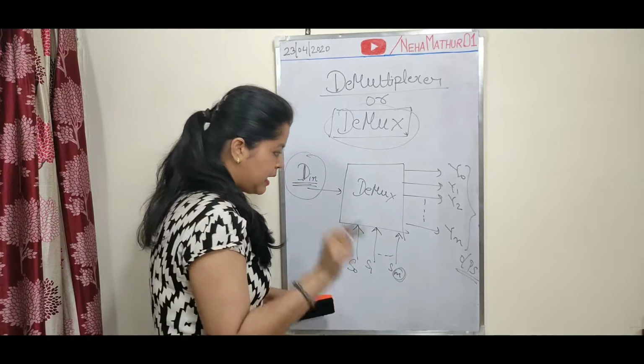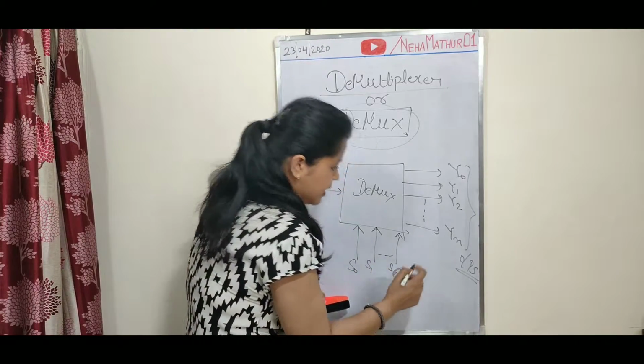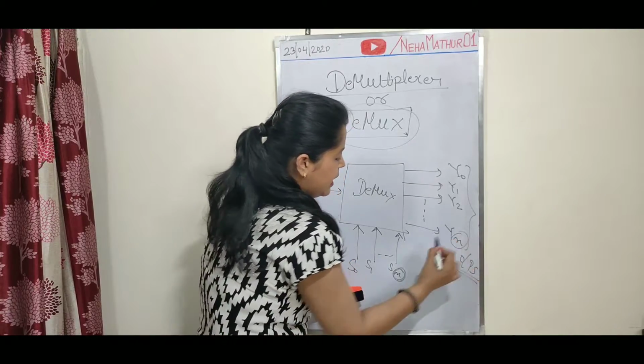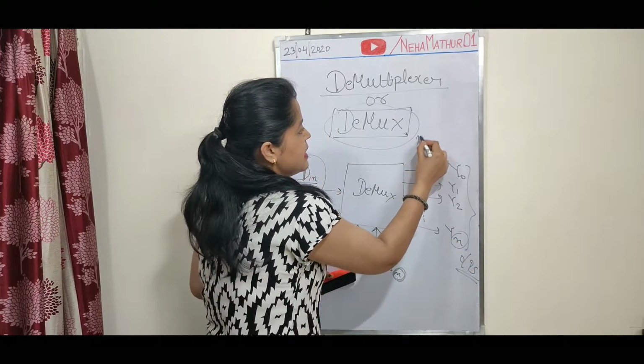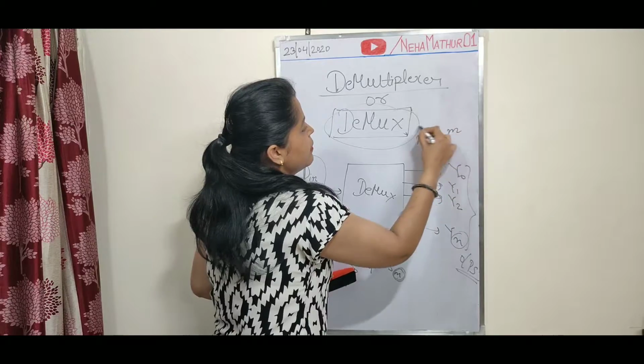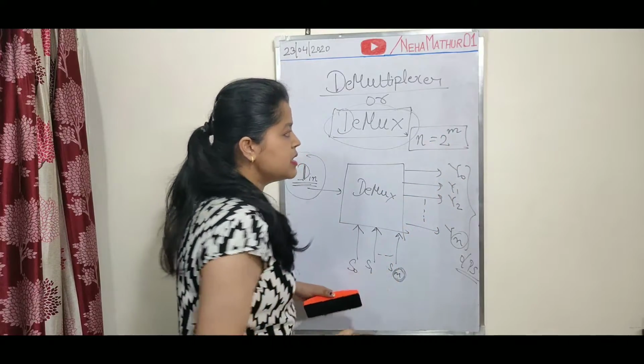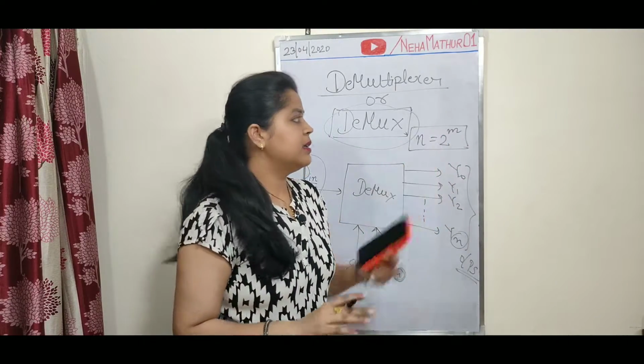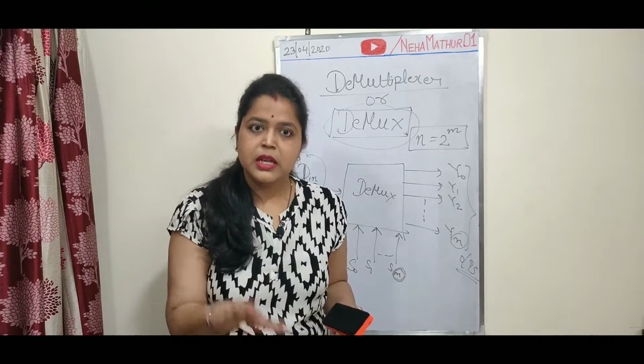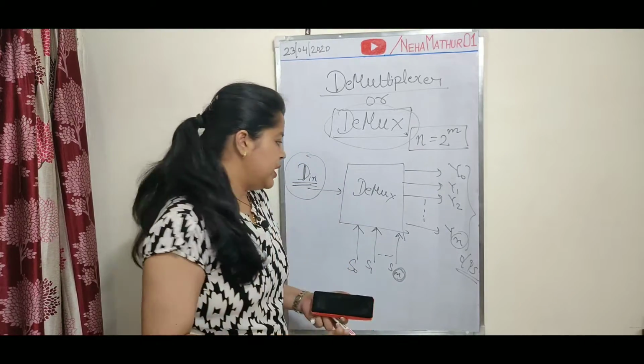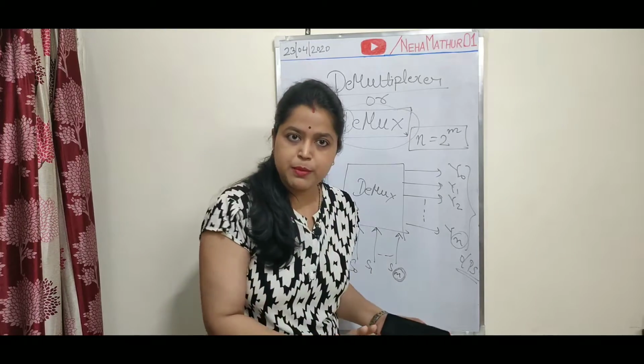Now, like multiplexer, the relation between this n and m is defined as n is equal to 2 raised to the power m. That means if you have 8 output terminals, you will have to deal with 3 selection inputs.